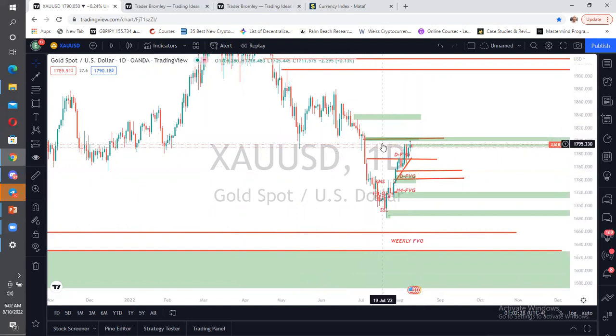Having traded into this range, want to see a push down to the downside before going to the upside. And here we'll have a daily gap, daily FVG here, where we're expecting this market to come back to.